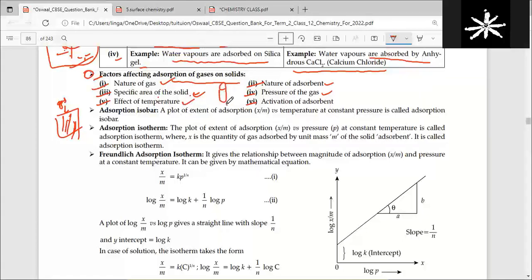If you heat that, then what will happen? Will the gas dissolve more, or will the gas inside go out? Gas will go out. That means the solubility is less, the adsorption is less. When temperature is rising, adsorption will be less.